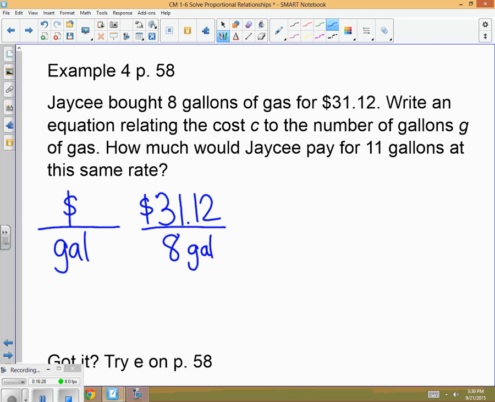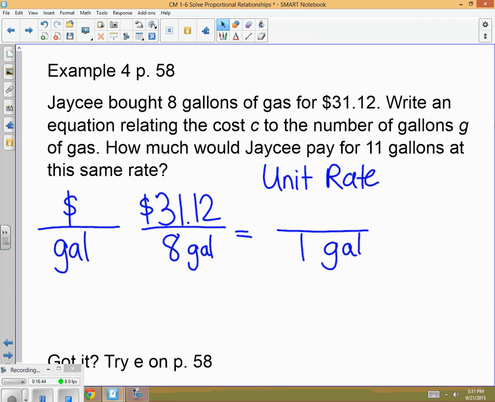Now, in order to figure out how much the cost for 11 gallons would be, let's first find the unit rate. The unit rate is going to be for 1 gallon of gas. In order to go from 8 to 1, let's divide the top by 8 and the bottom by 8, because 8 divided by 8 gives us 1 gallon.